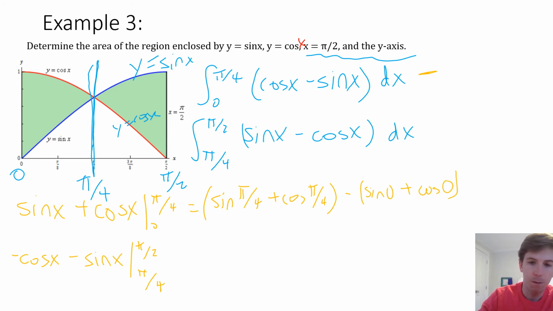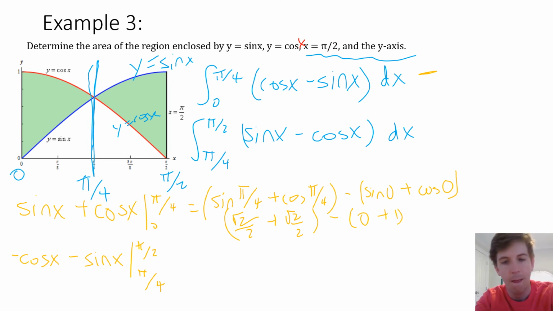Sine of pi over 4 and cosine of pi over 4 are both root 2 over 2. Minus sine of 0 is 0, cosine of 0 is 1. So root 2 over 2 plus root 2 over 2 is just going to be root 2. So we'll just have root 2 minus 1 for that first integral.